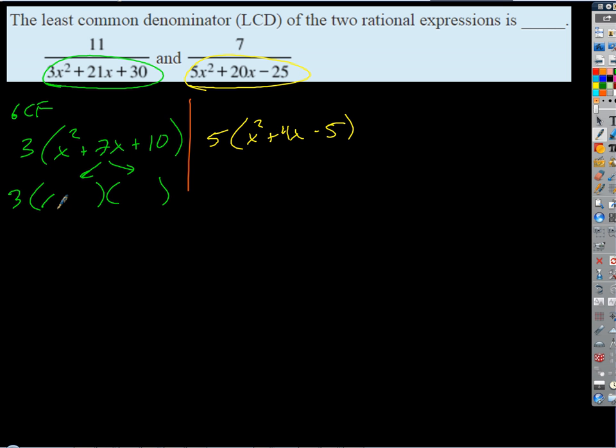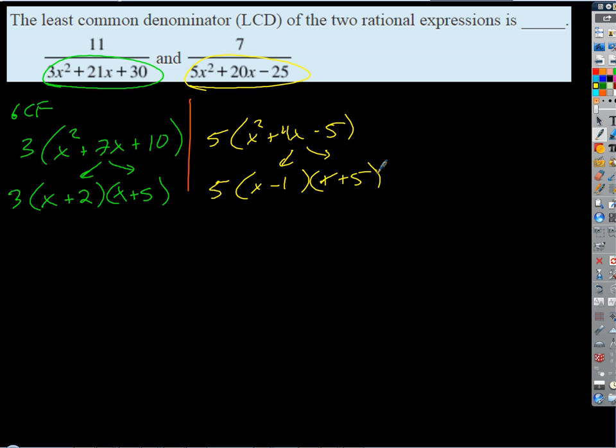Yes. What do I get for my 2 magic numbers? 2 and 5. Okay? How about over here? I've got my 5. Can I split the trinomial apart? Negative 1 and 5.